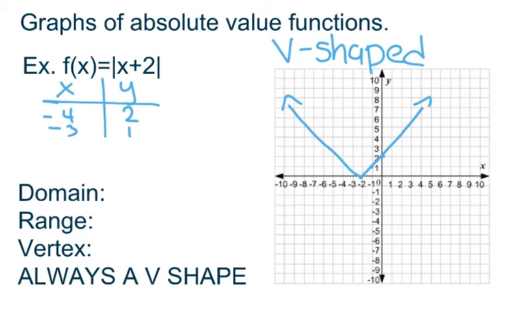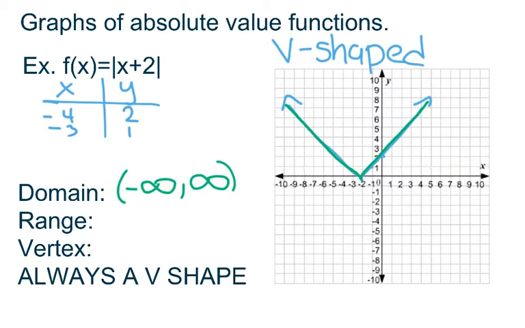And we're going to do this in interval notation. So notice that the left side of that V shape keeps going left forever. So it would actually start at -infinity. And it also keeps going right forever. So it would stop at infinity. And remember, you always put parentheses around infinity. Okay, so the domain is going to be from -infinity to infinity.